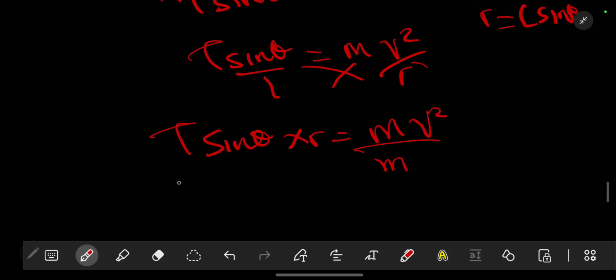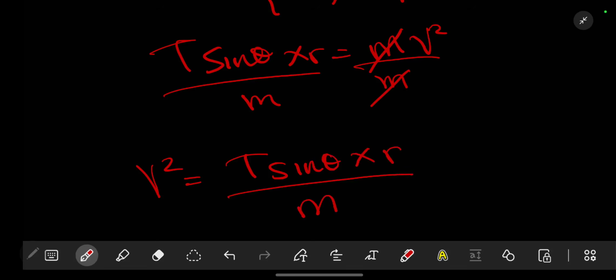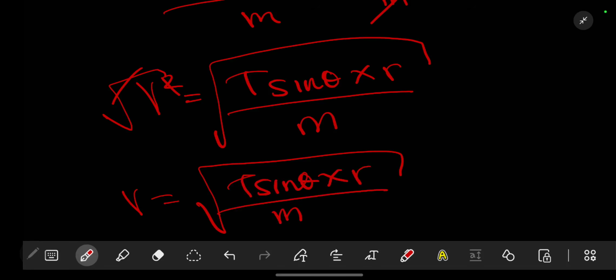So we divide by m on both sides. Then v squared should be equal to T sine of theta times r over the mass. So we have the square root. Our v should be equal to the square root of tension sine of theta times r over the mass.